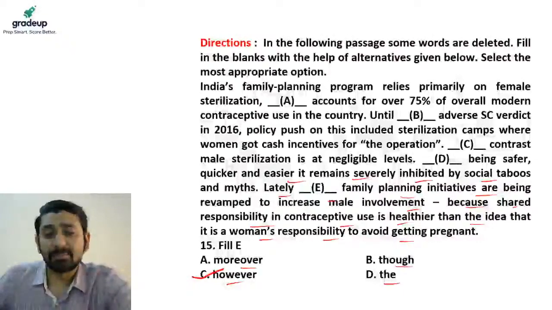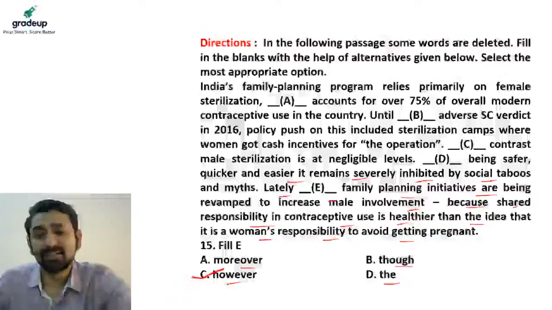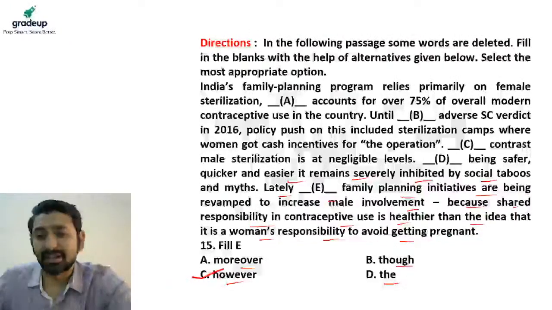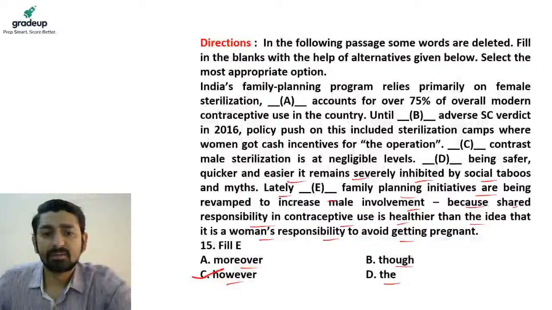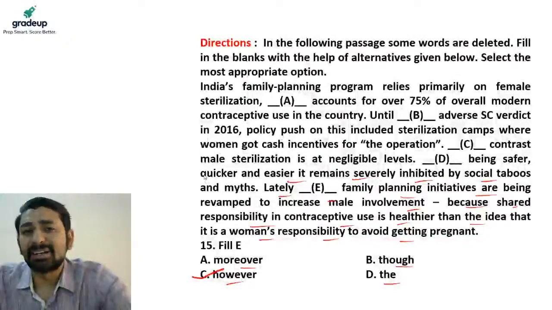Lately, however, family planning initiatives are being revamped to increase male involvement because shared responsibility in contraceptive use is healthier than the idea that it is a woman's responsibility to avoid getting pregnant. So the correct answer for this one is C, guys. Okay, so I hope that is clear to you. Guys, understand the meaning of the passage. What does it ultimately say?